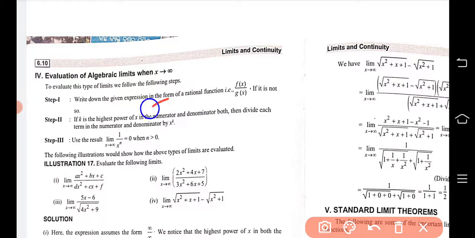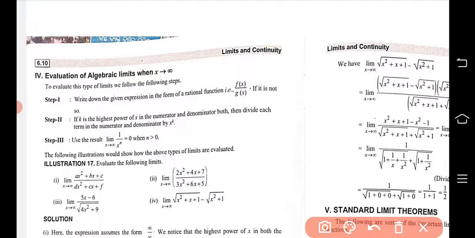It means the denominator should not be equal to 0. If it is not in this form, you first have to transform it into this form.